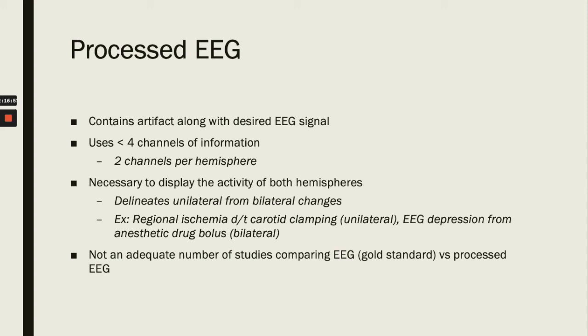You're depressing both hemispheres. There hasn't been an adequate amount of studies comparing EEG to processed EEG, and EEG is the gold standard. So there's not been enough studies comparing an EEG to a BIS to say that a BIS is preferred over an EEG.